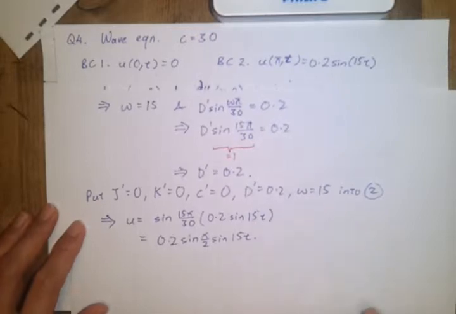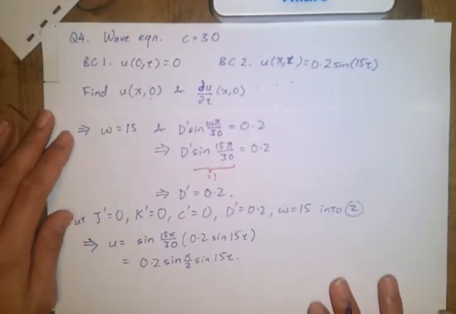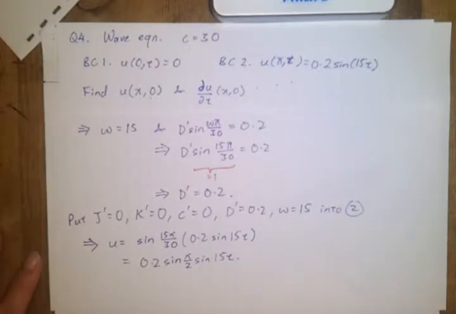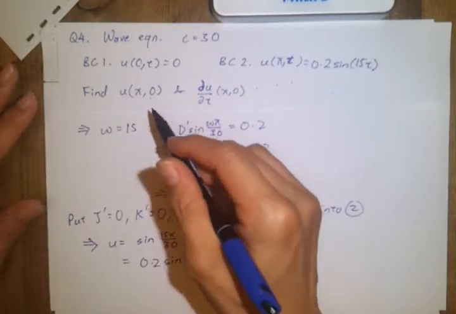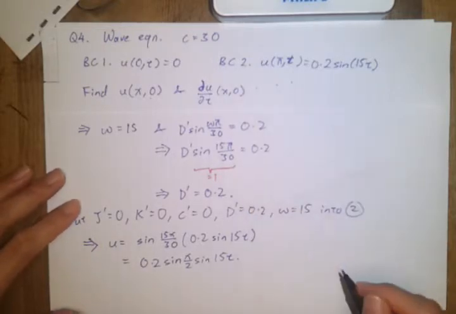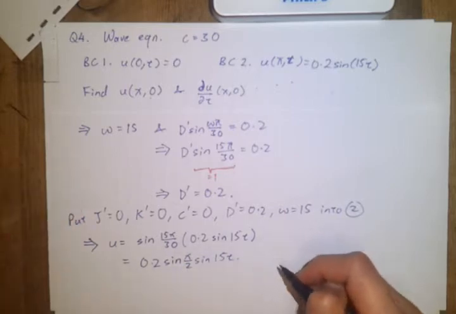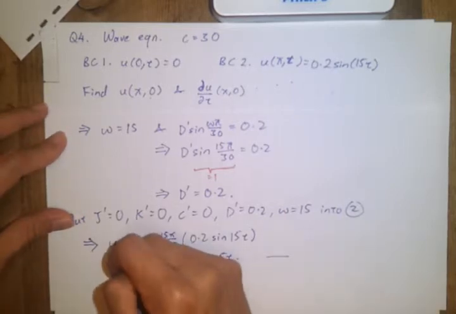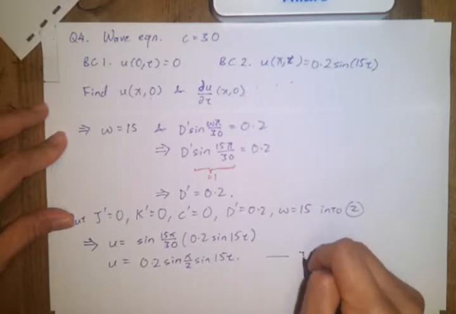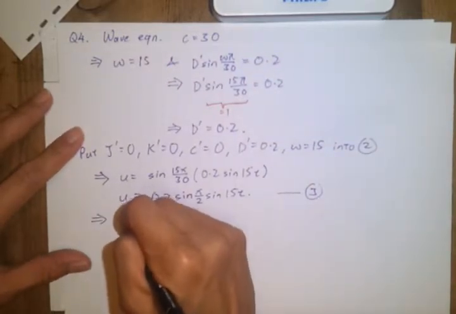Remember what the question asks: to find what u is at t equals 0 and what du dt is at t equals 0. Now that I've found what u is, I can find du dt.